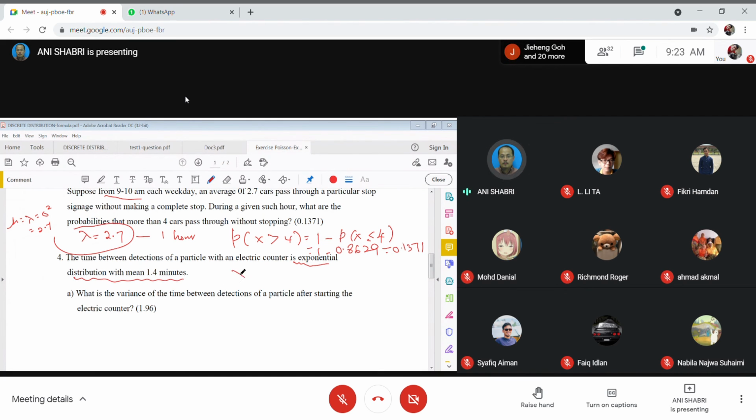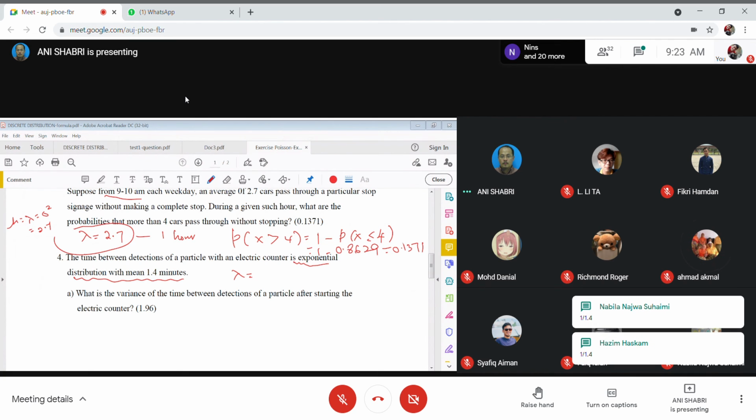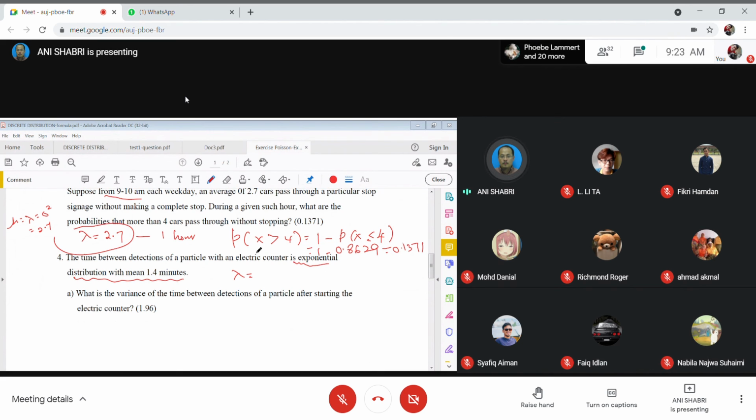Okay, what is the value lambda? Lambda berapa dapat? What is the value lambda? Okay, make sure kalau exponential dia punya formula 1 over mu, 1 bagi 1.4.